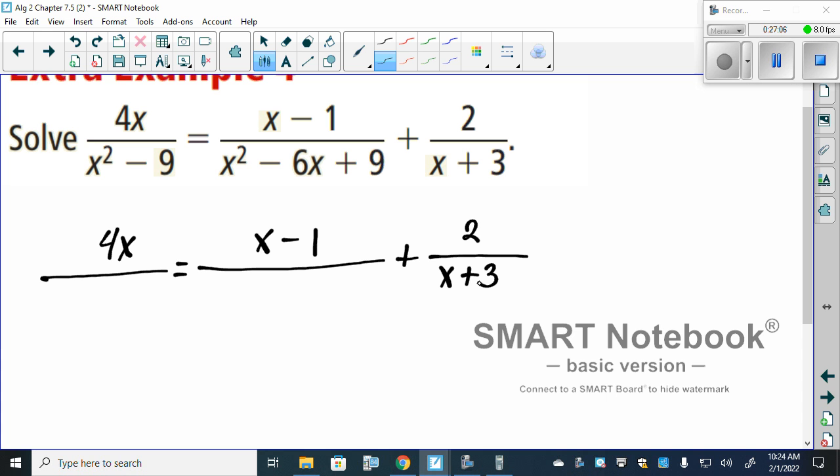Because if either one of those have common factors, we don't want to multiply it more than we need to for our least common denominator. Now x squared minus 9 will factor to x plus 3 and x minus 3.